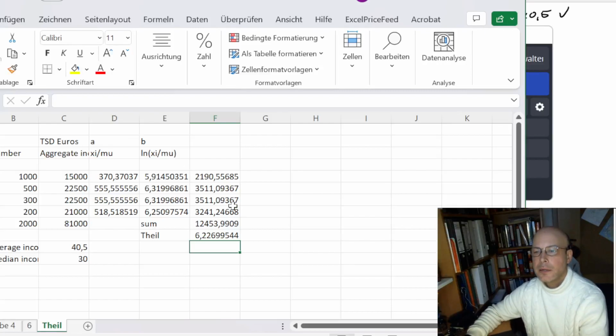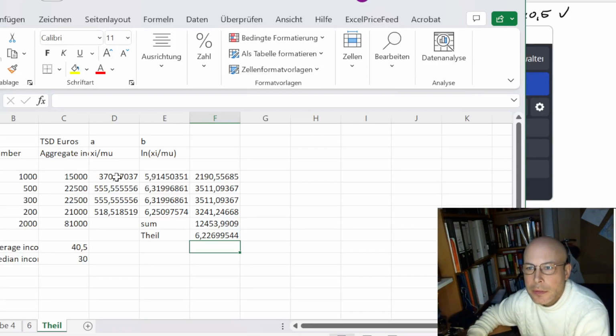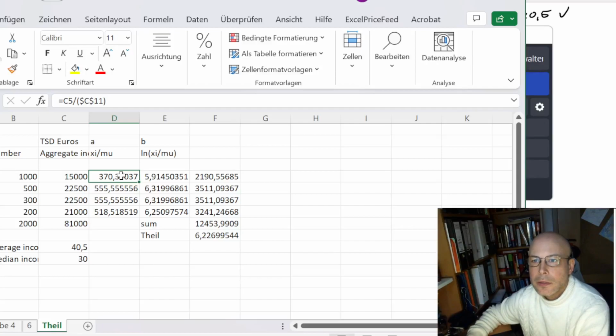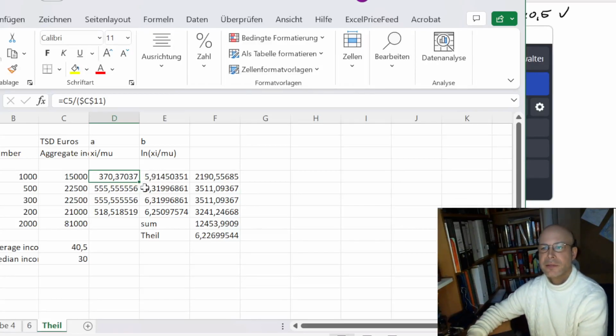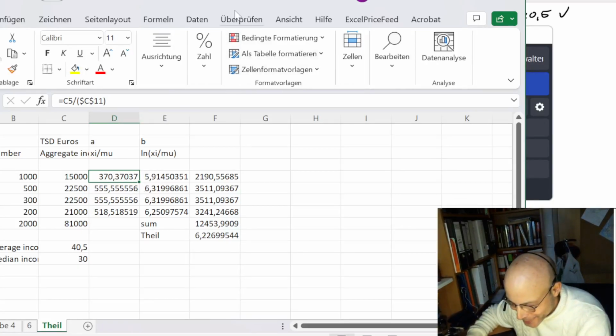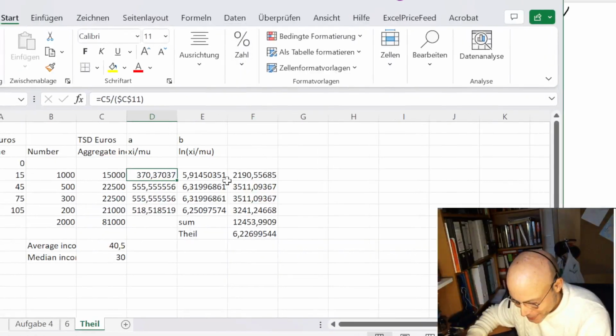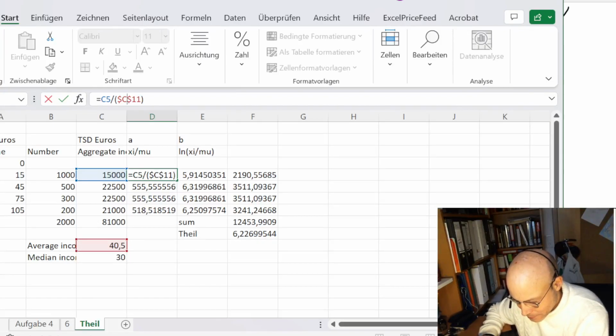Did you obtain the same value? No? Okay. So maybe it's also my calculations. Let's have a look if my numbers are right. So this divided by 40.5, this is okay.